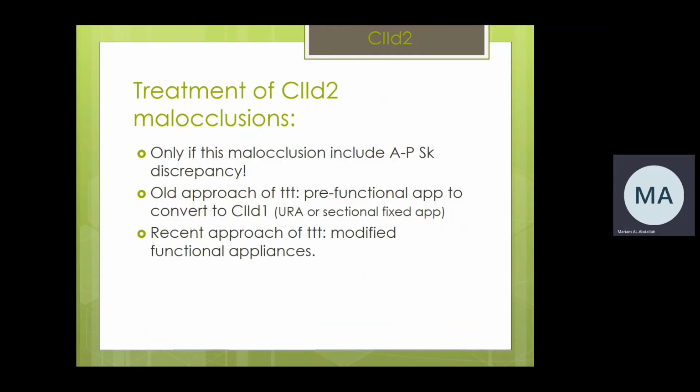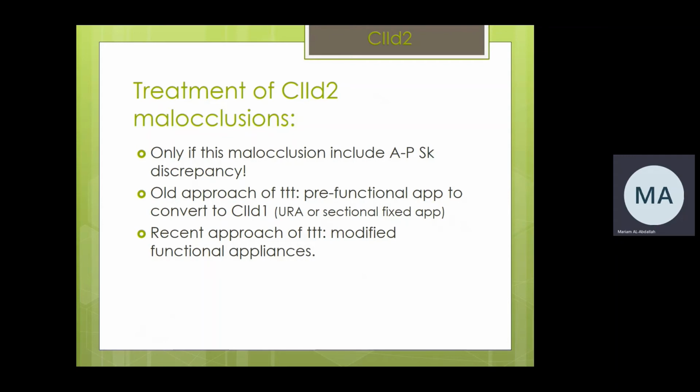Can we use the functional appliance for class 2 division 2? Yes, as long as the patient has an anterior-posterior skeletal discrepancy. But we need to modify our functional appliance. In the past, they used to have a pre-functional stage for class 2 division 2 cases, where they proclined the upper incisors and converted the patient from class 2 division 2 into class 2 division 1.